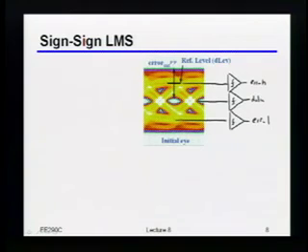There are things called sign magnitude LMS, where one of the things you deal with is sign, meaning only 1 bit, and the other one is analog. There's the reverse, which I think is sign regressor or something like that, where the other thing is analog and one of them is sign. And then finally, sign LMS is just the lazy man's version, which of course is what we're going to be doing here, where you just do 1-bit estimates of everything.